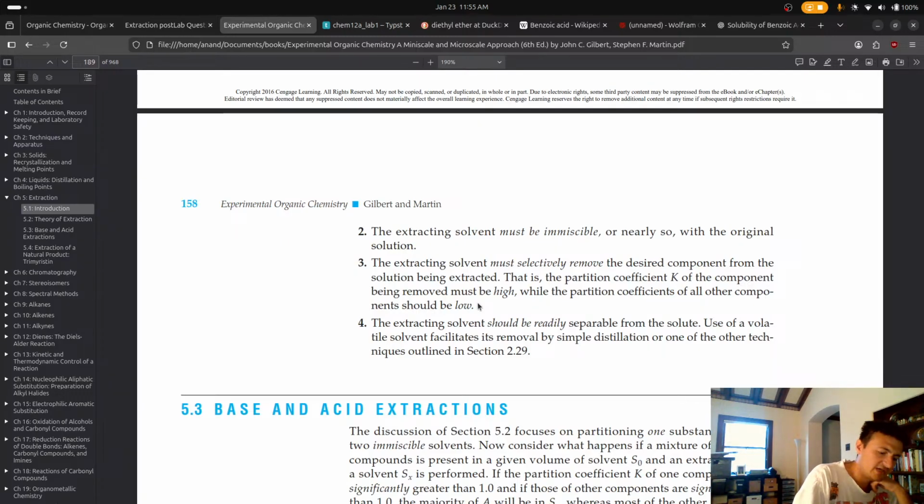You want the K1 to be high, and the K2 low. That's interesting. That's super cool.